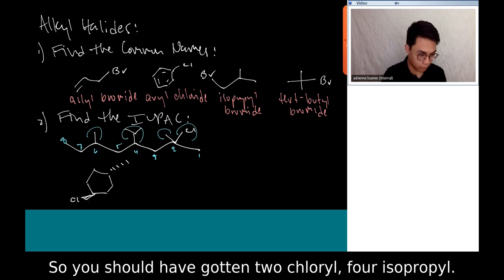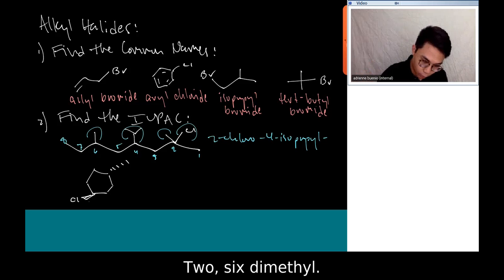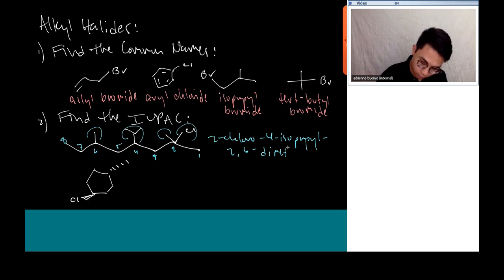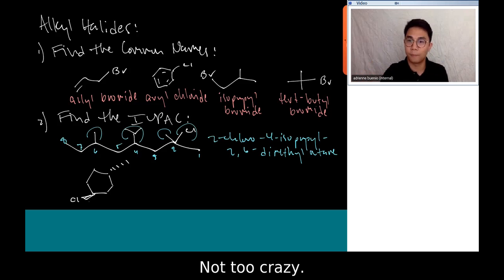Right. So you should have gotten 2-fluoro, 4-isopropyl, 2,6-dimethyl octane. Right. Not too crazy.